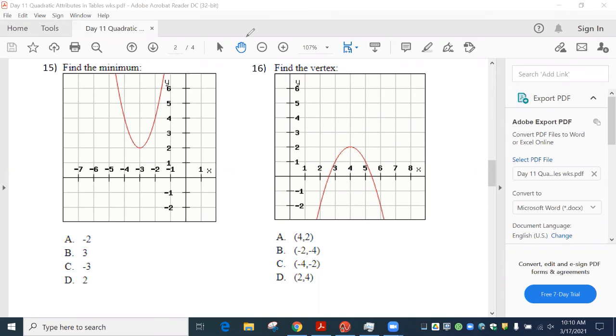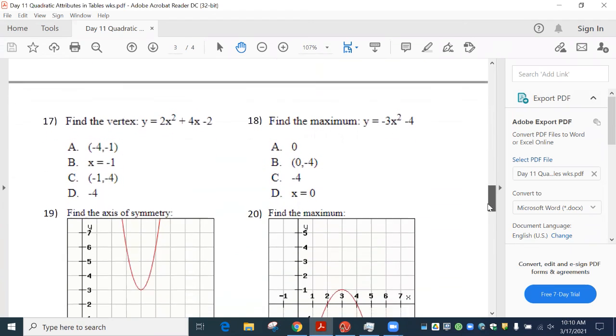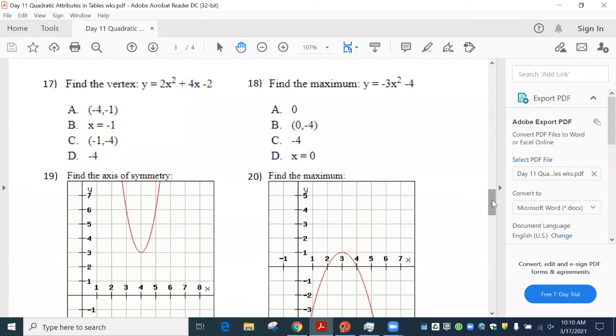All right. Now, I want to show y'all how you can eliminate some of these by using this right here. Vertex has to be X and Y. I can eliminate these two right off the bat because vertex has to be X and Y. Does that make sense?